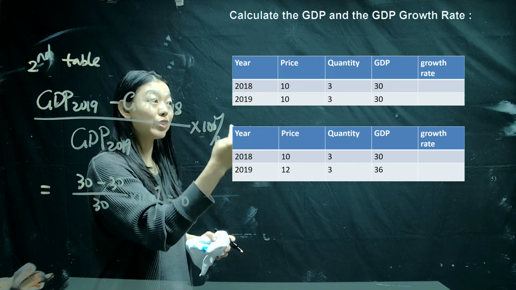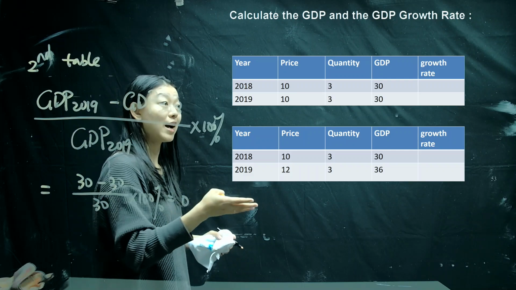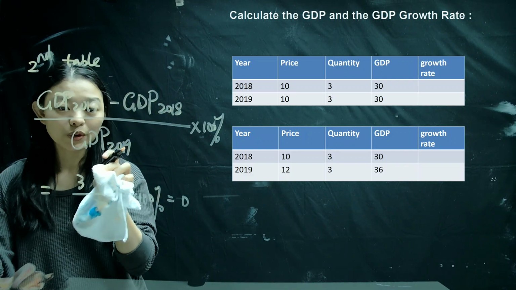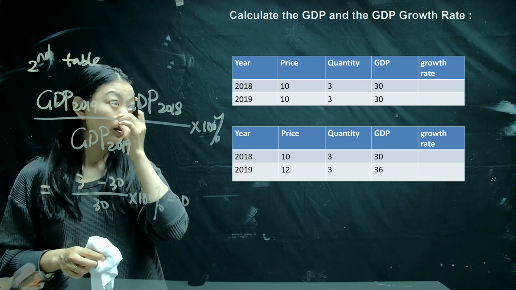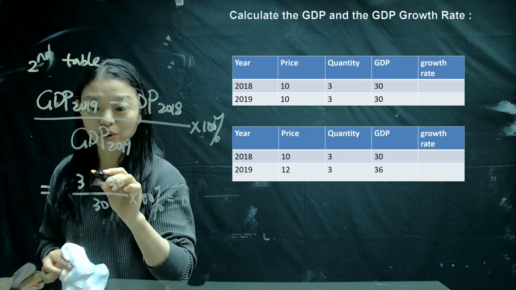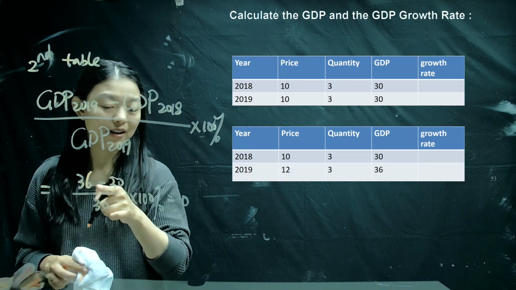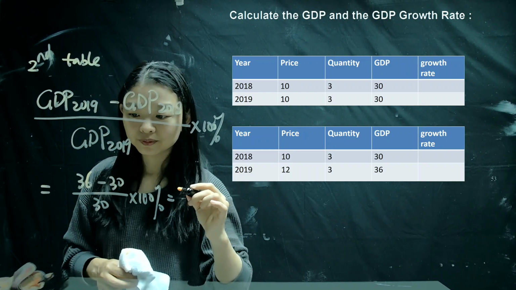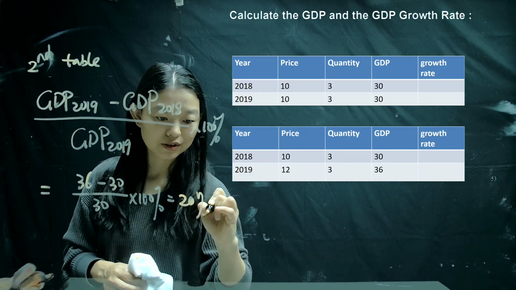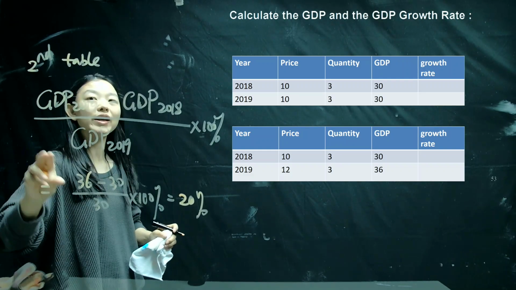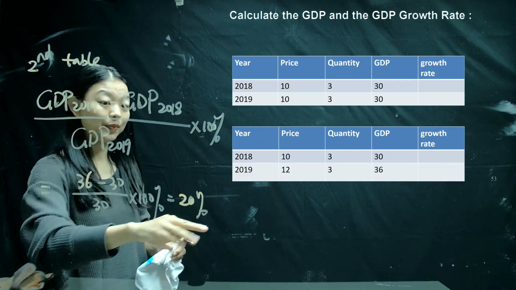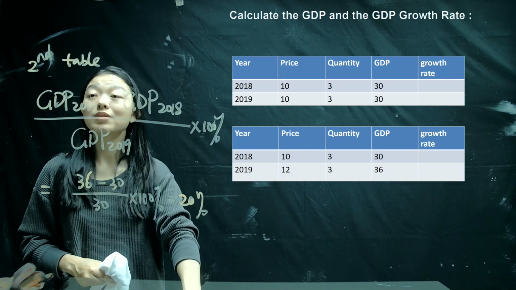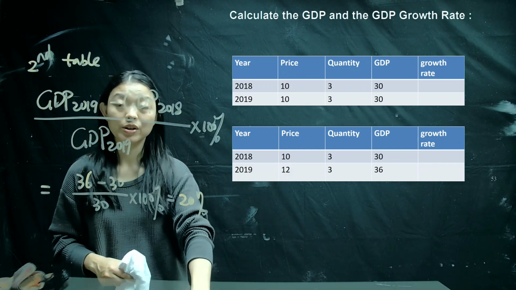You use 12, because now the price increased. 12 times 3 equals 36. For the GDP growth rate in 2019, you take 36 minus 30, divided by 30, so this equals 20%. So in the second table, we have a GDP growth rate of 20%. This is the way we can compute a growth rate for GDP.